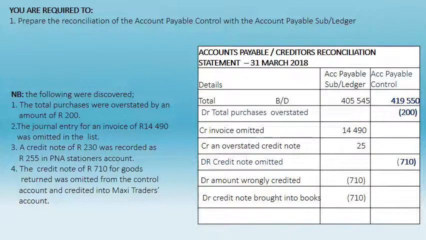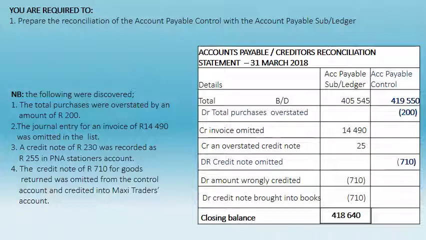When all errors and omissions have been brought into the books, the reconciliation will then be closed by calculating the closing balances. Calculating the closing balance for the column of subsidiary ledgers gives us a closing balance of 418,640.